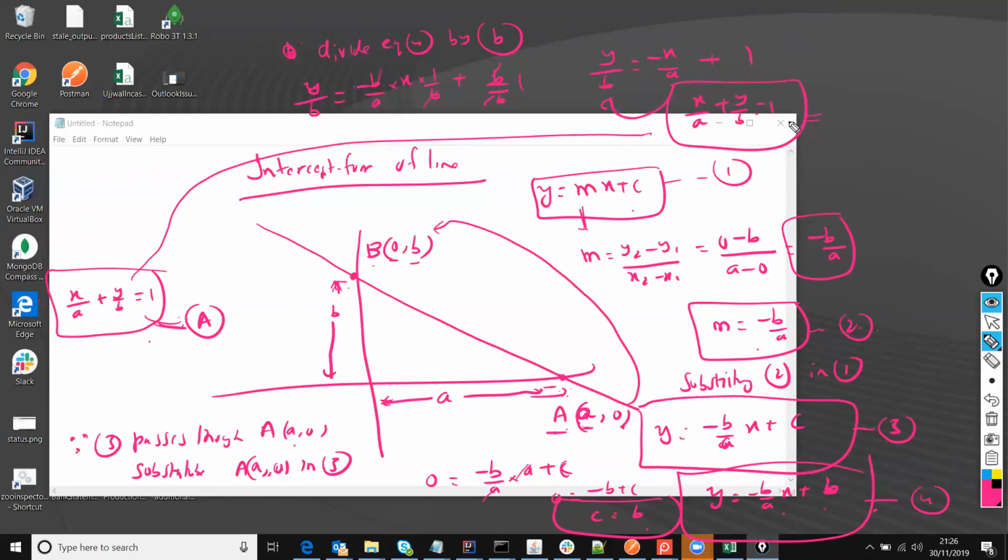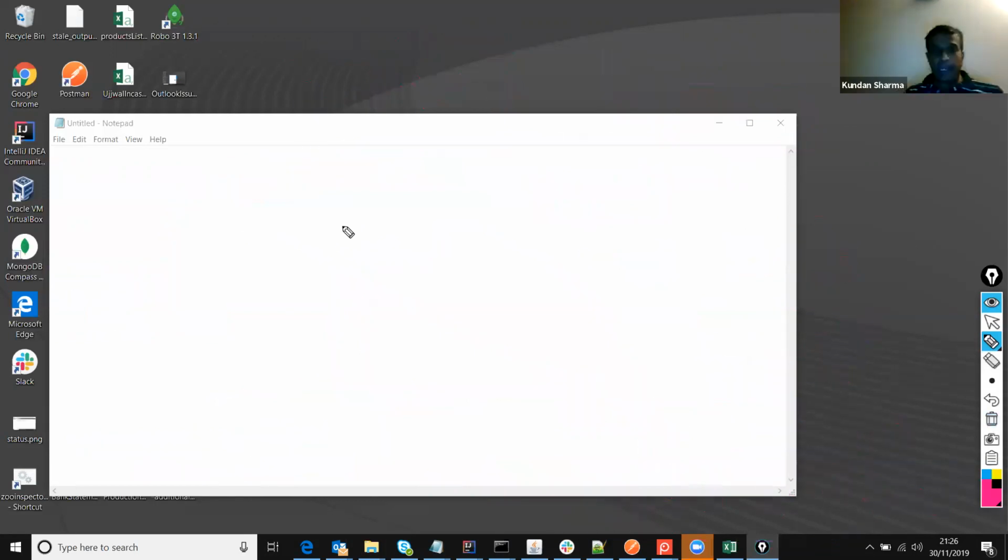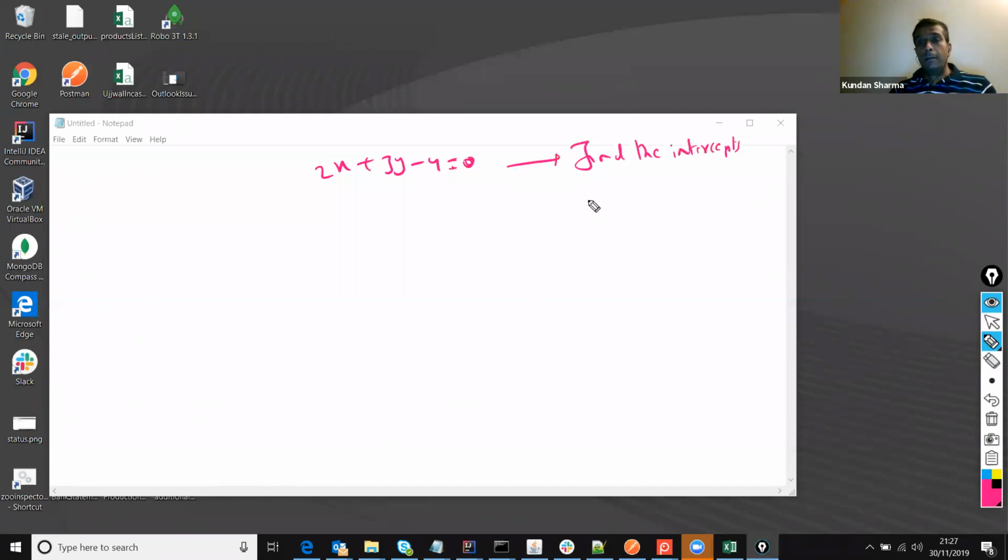Yes. Right. So we have studied so many things. Let's say I say that 2x plus 3y minus 4 is equal to 0, right? Find the intercepts made by the line on the x-axis and y-axis.